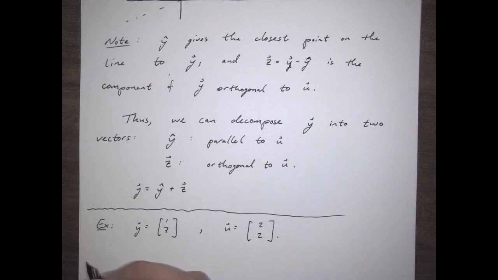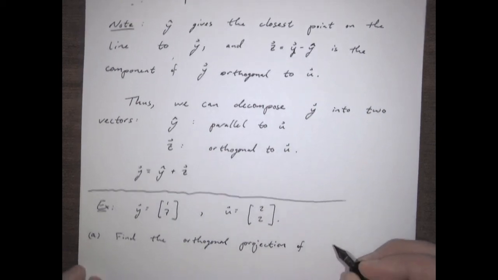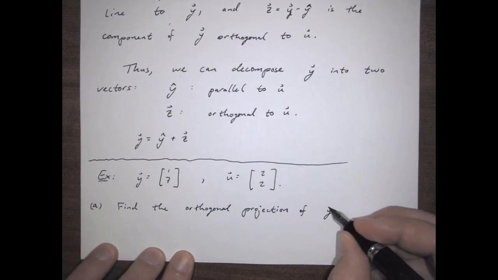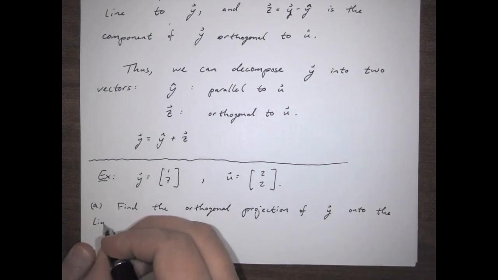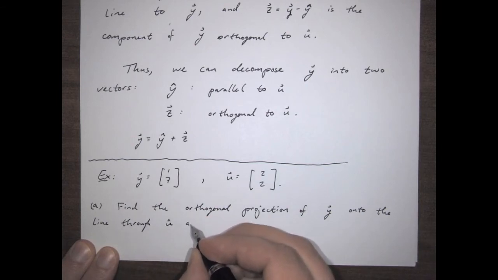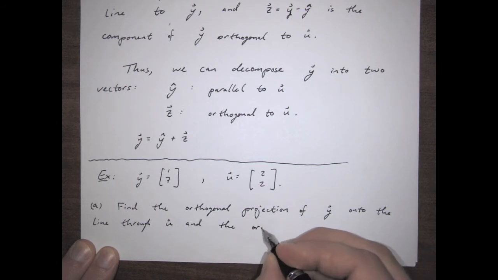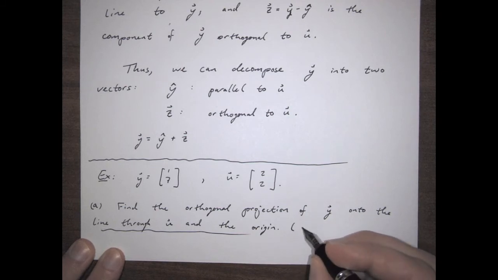Now, question A. Find the orthogonal projection of y onto the line through u and the origin, i.e. span of u.